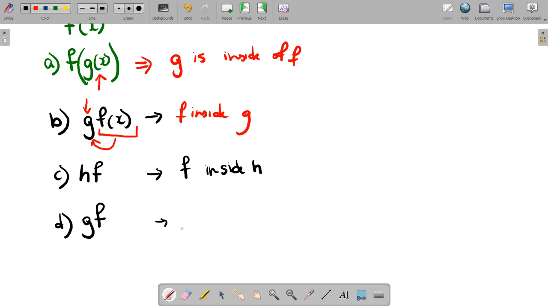Don't forget, your responsibility is to just respond and participate by answering the questions. So I'm going to ask it again. Who is inside of who in this example? Excellent. F is inside of G.